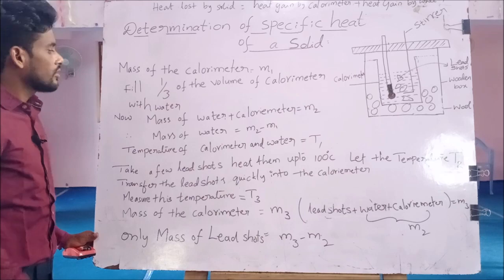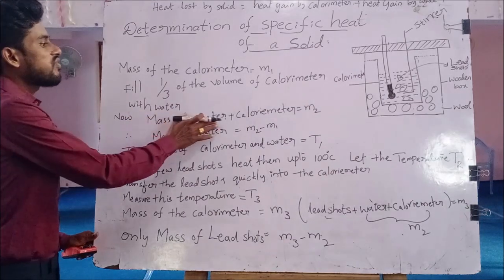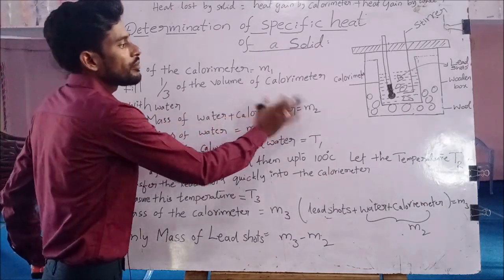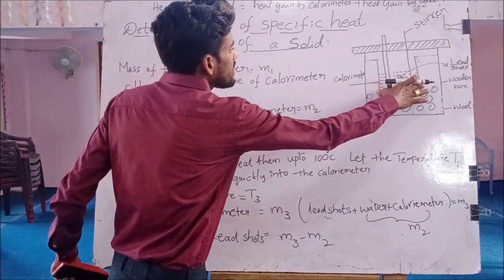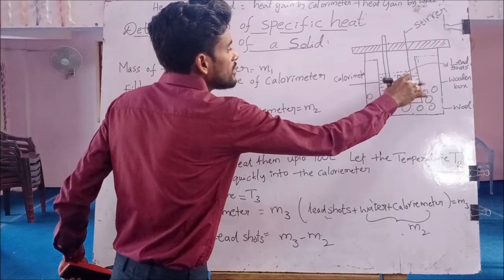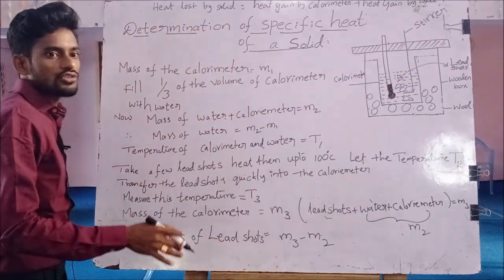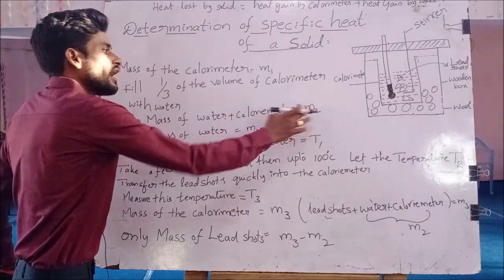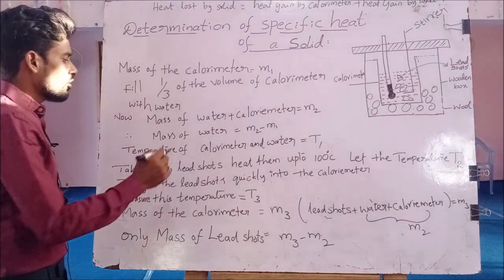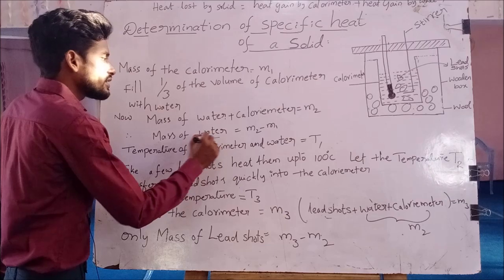Now the mass of water and calorimeter equal to m2. Only mass of the calorimeter is m1. When you fill with water, the total mass equal to m2.